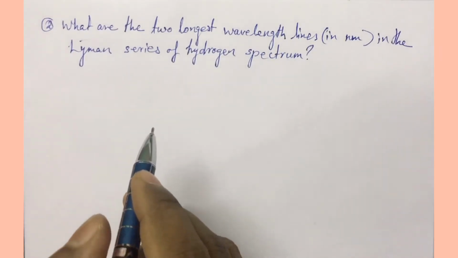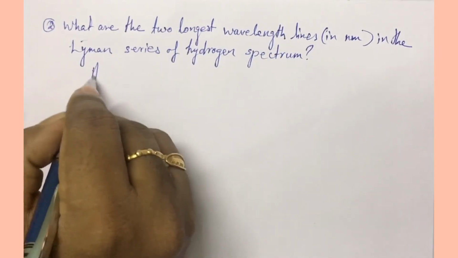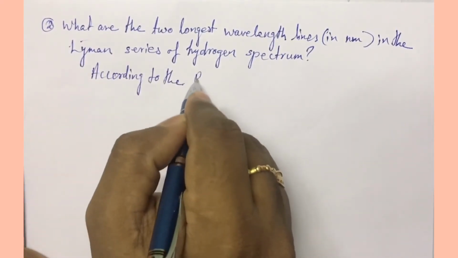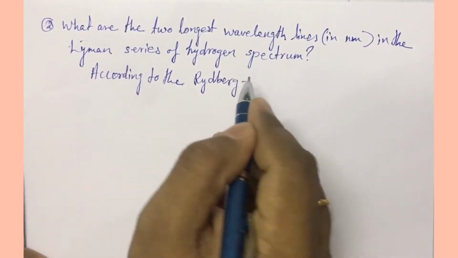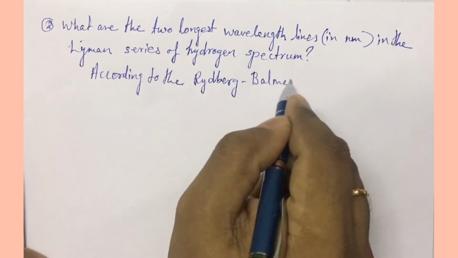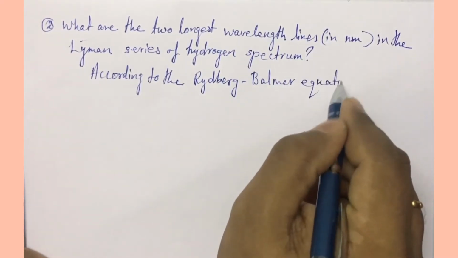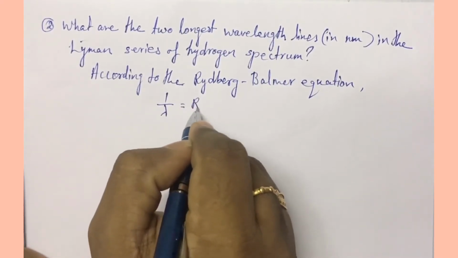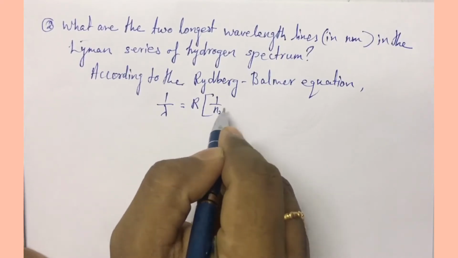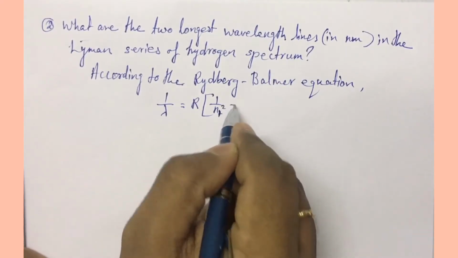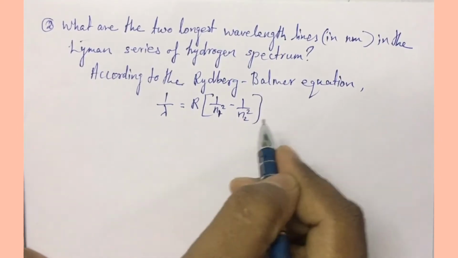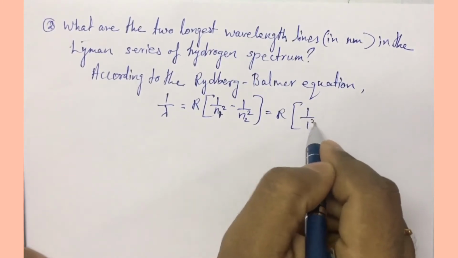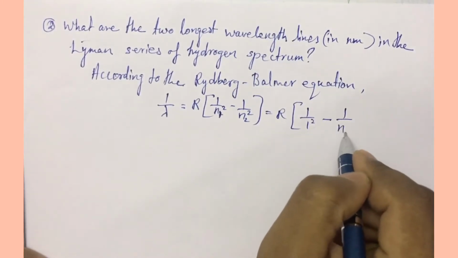According to the Rydberg-Balmer equation, we have 1 by lambda is equal to R into (1 by n1 square minus 1 by n2 square), that is equal to R into (1 by 1 square minus 1 by n2 square).